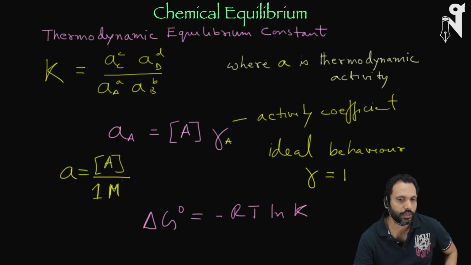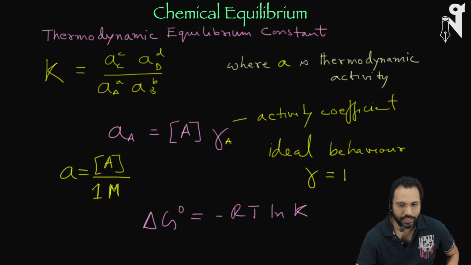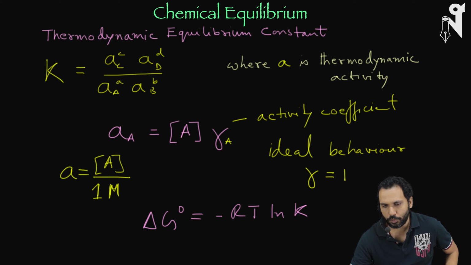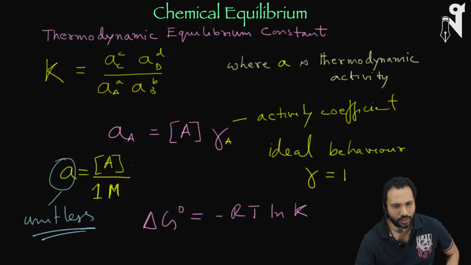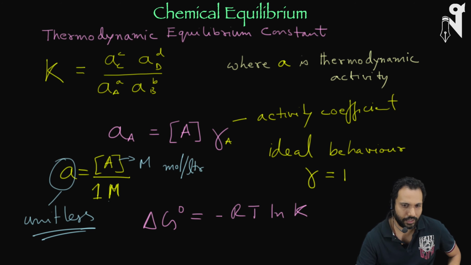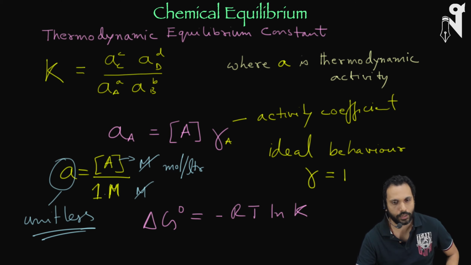If it is less than 1 molar, it has so much less activity. Ultimately, this activity becomes unitless, because the concentration will have a unit of molarity, moles per liter, and then you have divided by molarity. So the molarity cancels out and you have a unitless quantity.